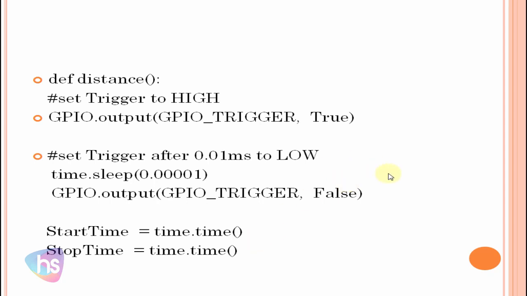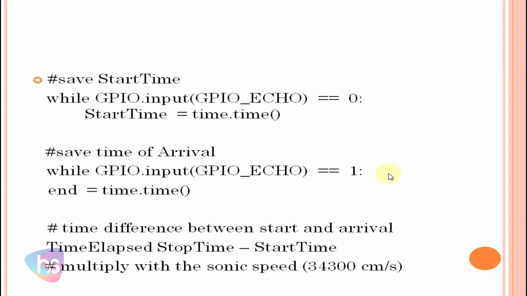Now I am declaring the start time equal to time.time(), and the stop time as time.time(). For taking the start time and stop time, we need to estimate the distance. Now, save the start time.